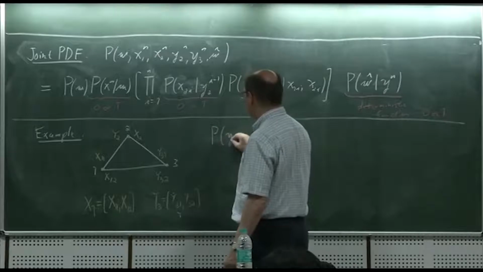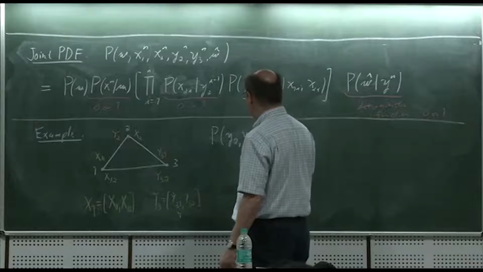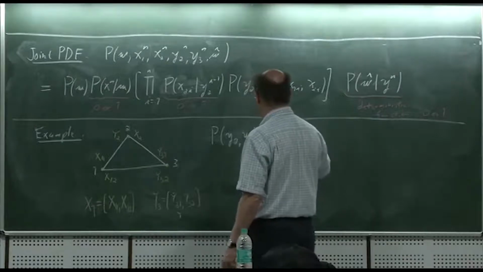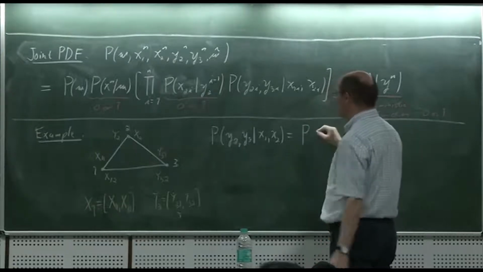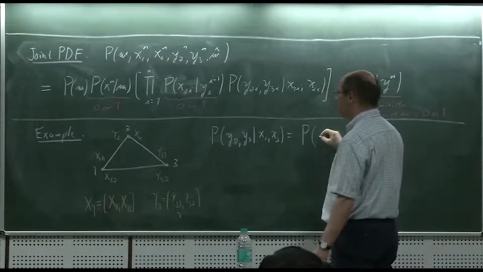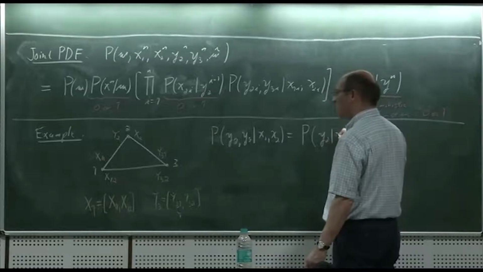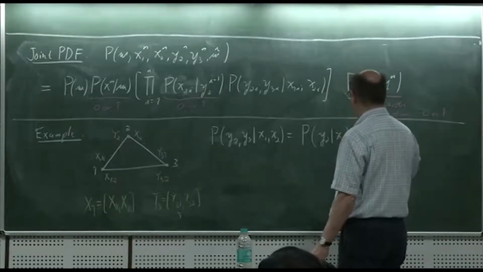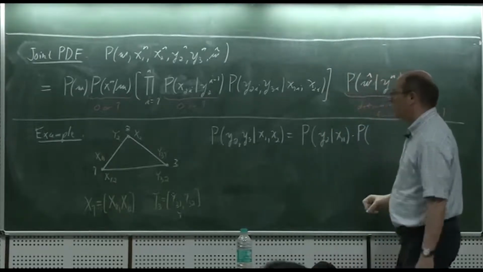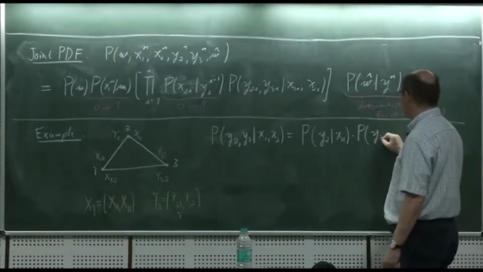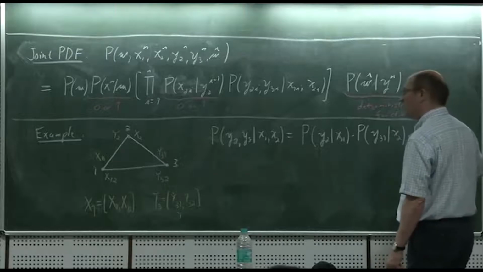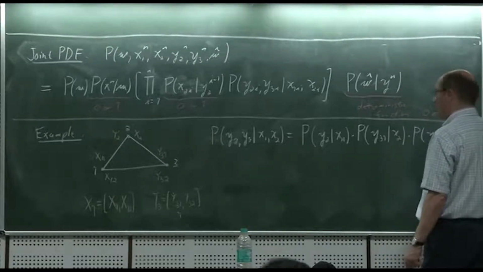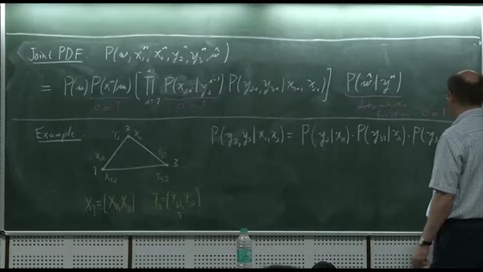So the full channel looks like this: p of y1, y2, y3 given x1, x2. Well, this is just going to be a product. The way we're going to model this is just as a product of three independent memoryless channels, namely the first one, p of y2 given x11, times p of y31 given x2, times p of y32 given x12. Okay?